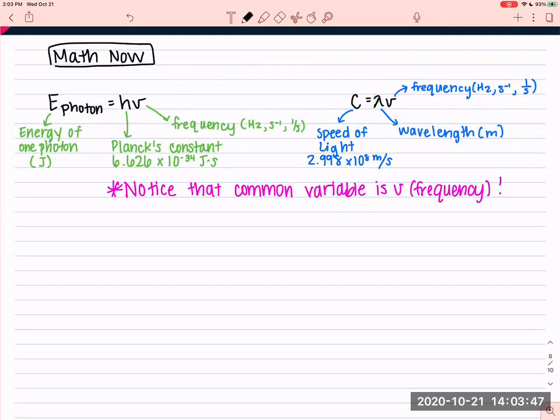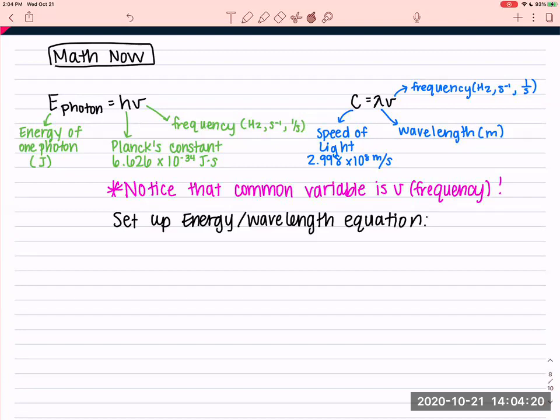Or you can do algebra and set one of them equal to your frequency and write a new equation. What if I don't want to plug in and get a number and then solve it? What if I want a direct energy to wavelength relationship, which I don't have here? I have an energy to frequency relationship and a wavelength to frequency relationship, but not an energy wavelength relationship.